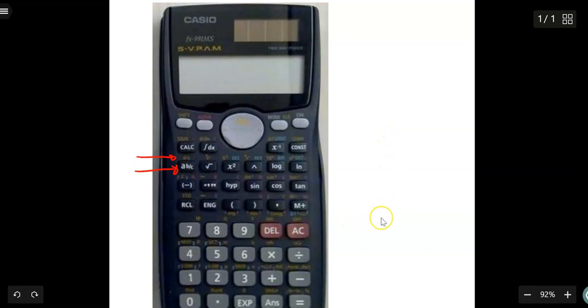Very important: this here is our negative sign, and this is the operation of subtraction. I would like everyone to distinguish the difference between these two. That is why this calculator has a special key for the negative, with the bracket around it, to represent a negative number. This one is for subtraction.